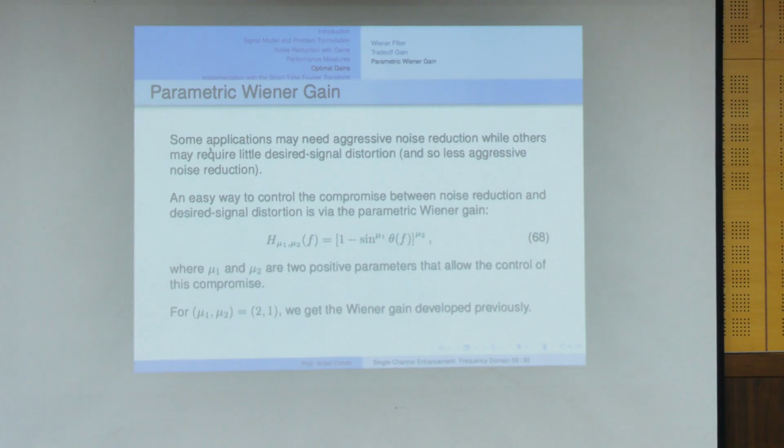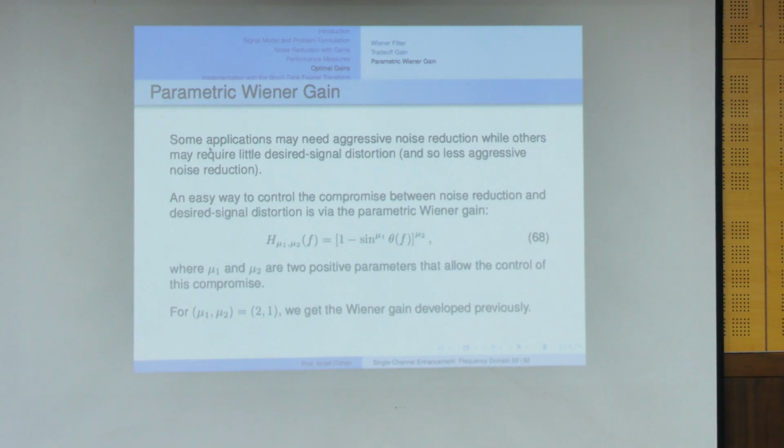But not only that. In the previous example, the trade-off gain, I showed the effect of mu on the performance: the gain in SNR, the noise reduction factor, the desired signal reduction factor, the mean squared error, and so on.